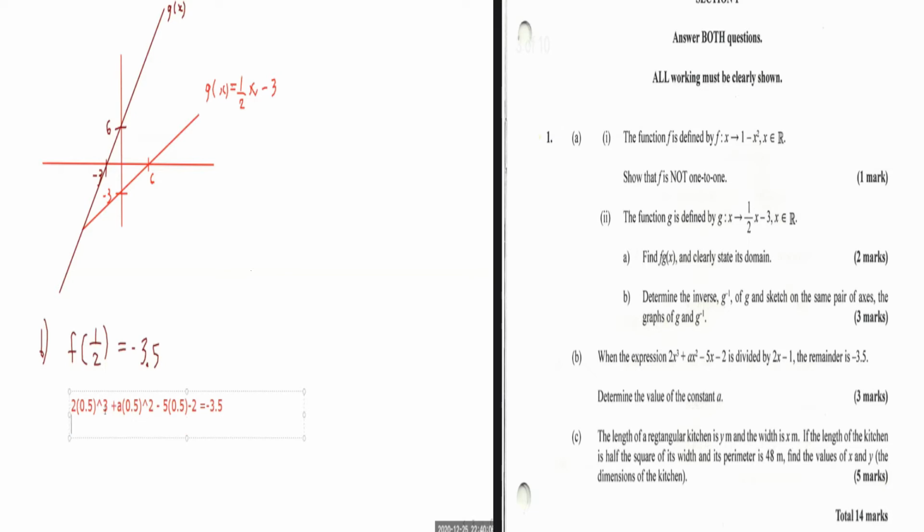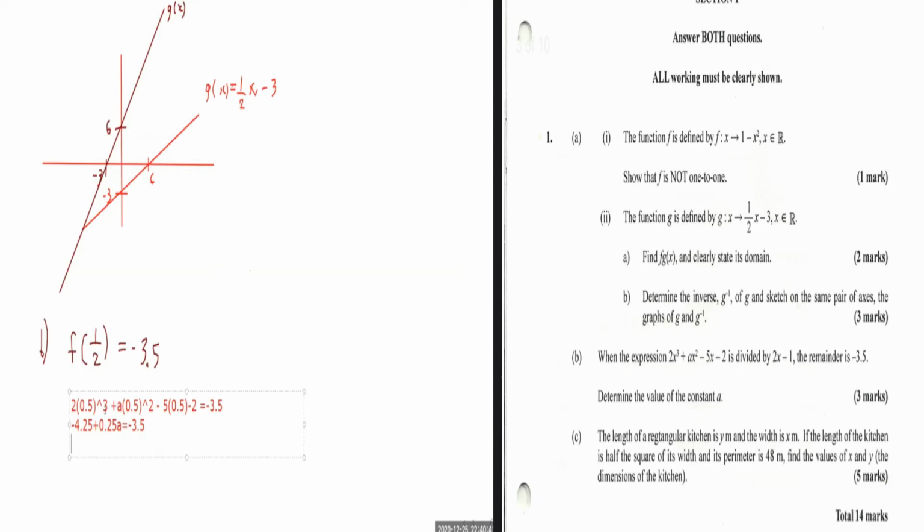Now 2 times a half cubed works out to be a quarter, minus 5 times a half, minus 2. So this side works out to be minus 4.25. Then a half squared is 0.25, so we get plus 0.25a, and that's equal to -3.5.